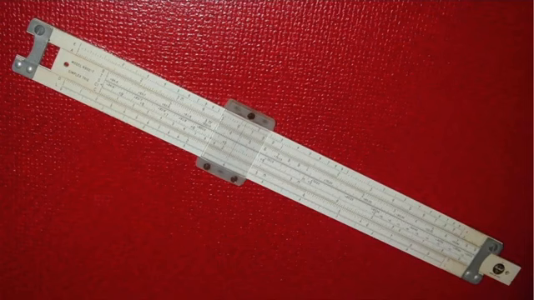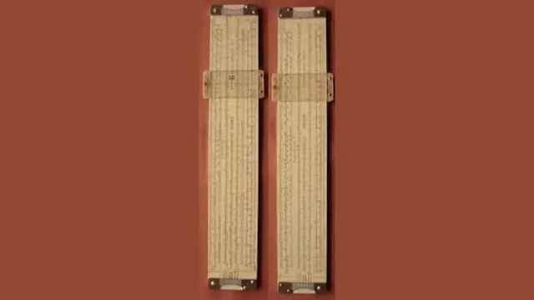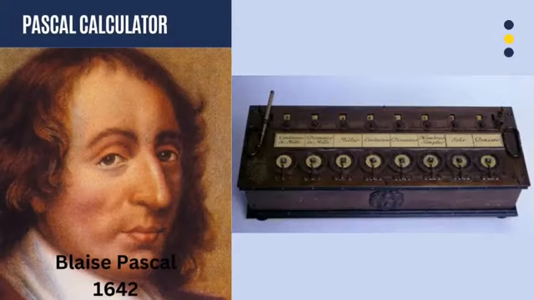William Oughtred's invention was used in performing logarithm, reasons why he is called the father of logarithmic function. Slide rule was mainly used for multiplication and division, and also for scientific purposes.